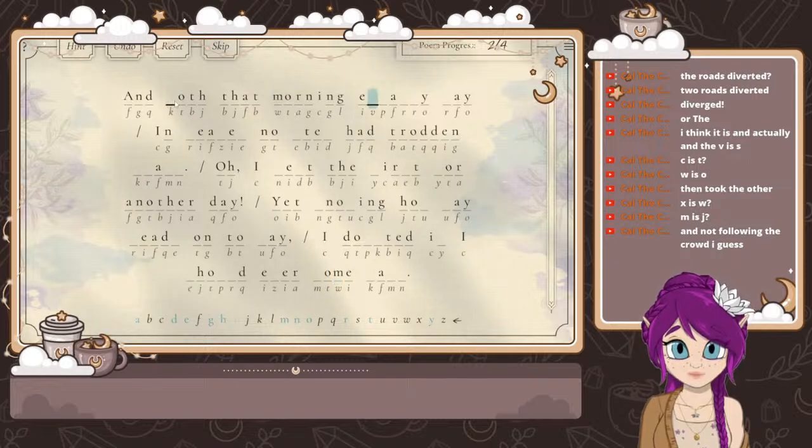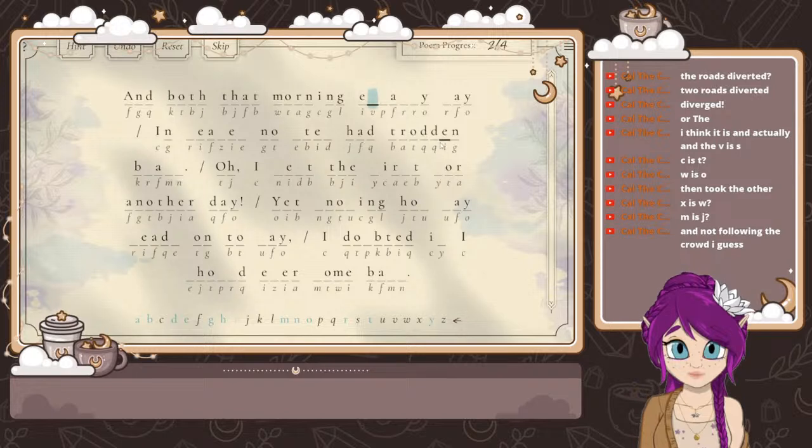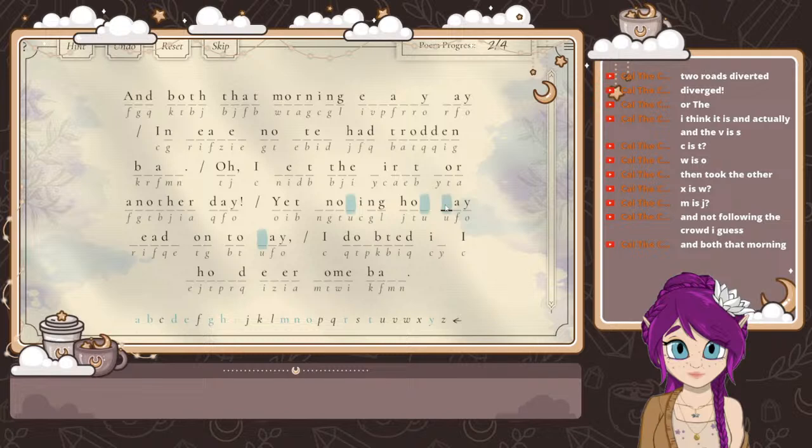And both that morning. No, had trodden. It's a lot of guessing, but I think I'm getting somewhere with the guessing. And both that morning.